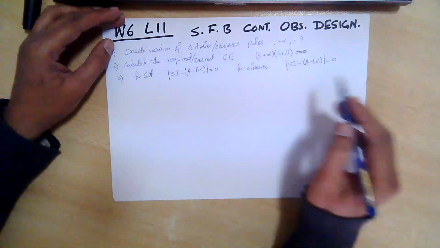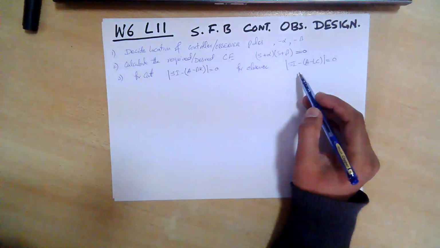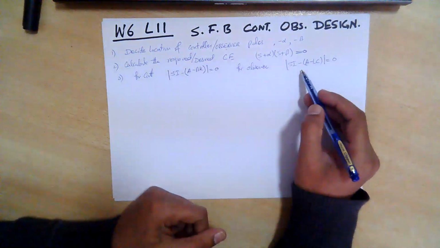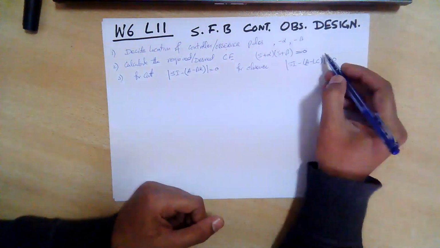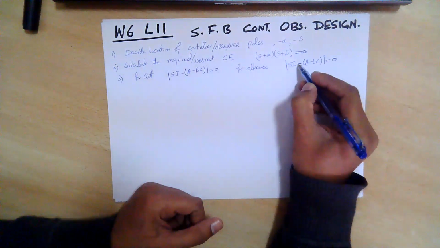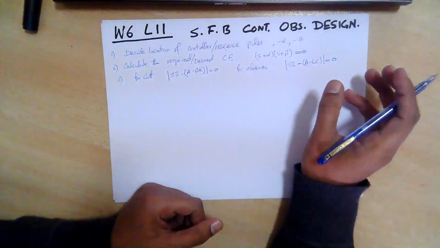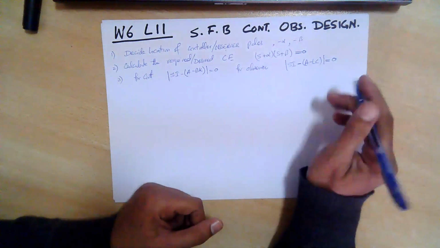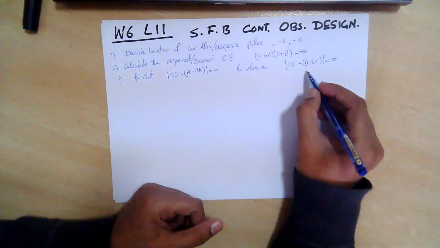Actually, this is the equation of error, not the whole observer, but normally it is called the observer characteristic equation. But the truth is that in the exact sense, this is the dynamic equation for the error, and we want to converge that error to 0, so we'll just make this system stable.